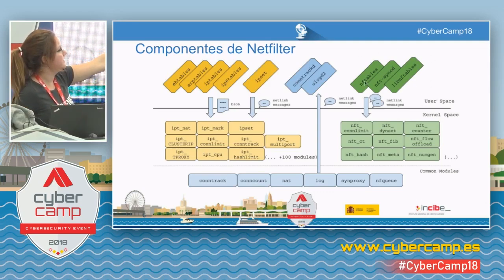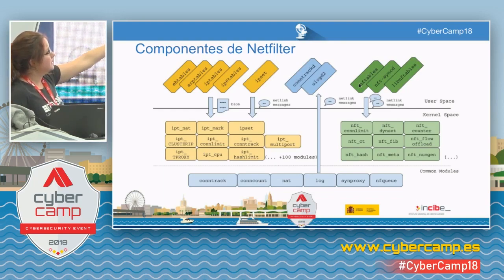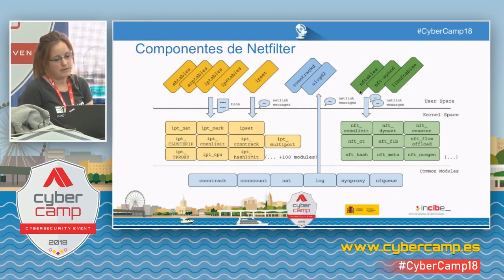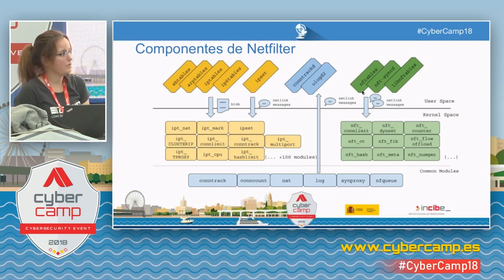Then in the user space here at the top, we have the area for nftables, and for the user space you can see there how components are fewer. nftables with user commands, nft, nft-sync for rule replication, or libnftables, that's a library where user spaces can connect to launch nft commands.